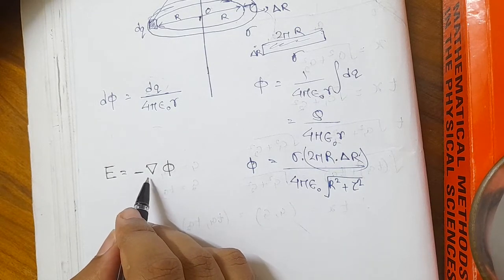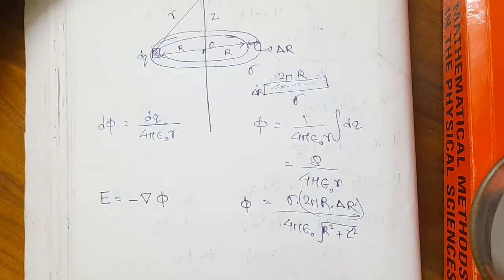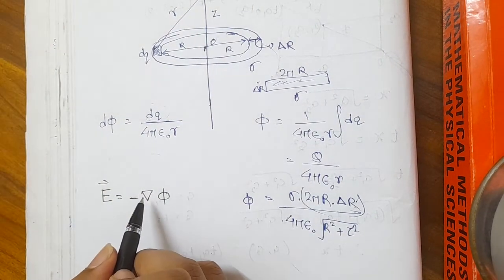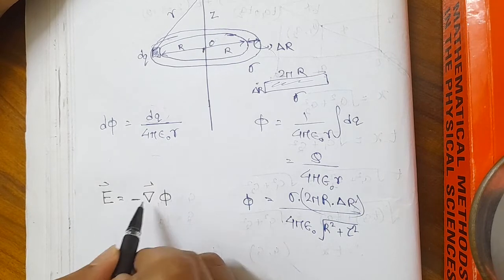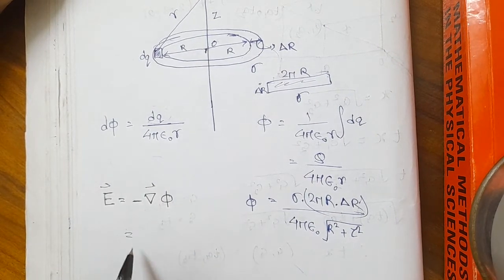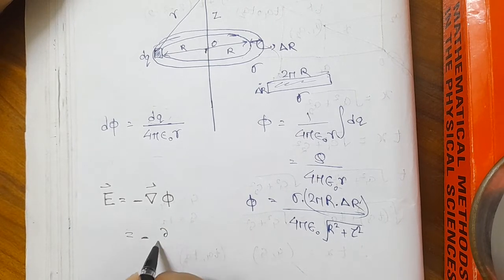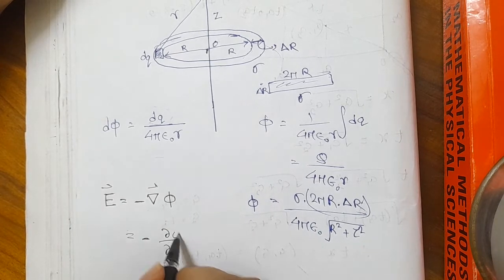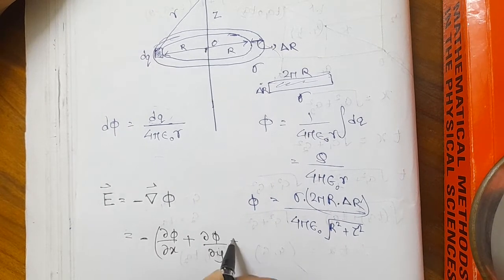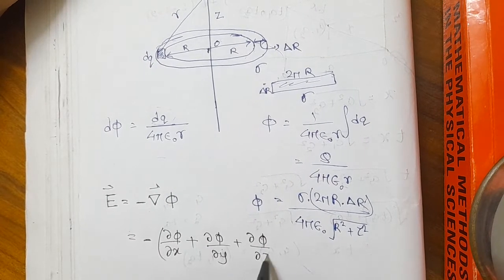So grad is an operator that we will learn in your higher classes, but nowadays most of the books of class 12 have this thing. This can be just written as minus of del by del x plus del by del y plus del by del z acting on phi.